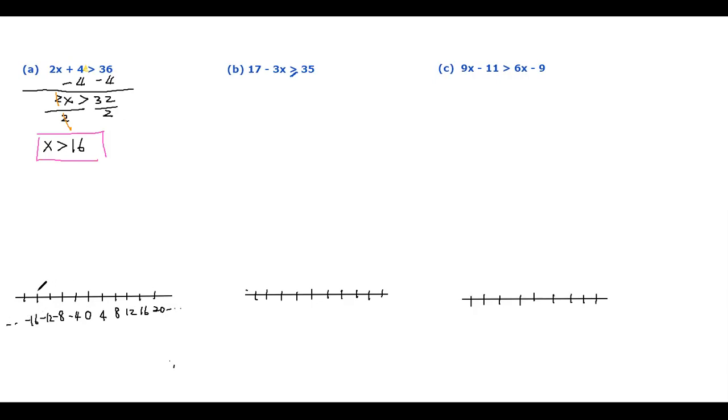Okay, remember in the real number line, if it's greater than, you go to the right. So here, let's see how we plot it. So it's x greater than 16. So I'm finding the 16 here. Because this does not have an equal sign, I put a circle here.